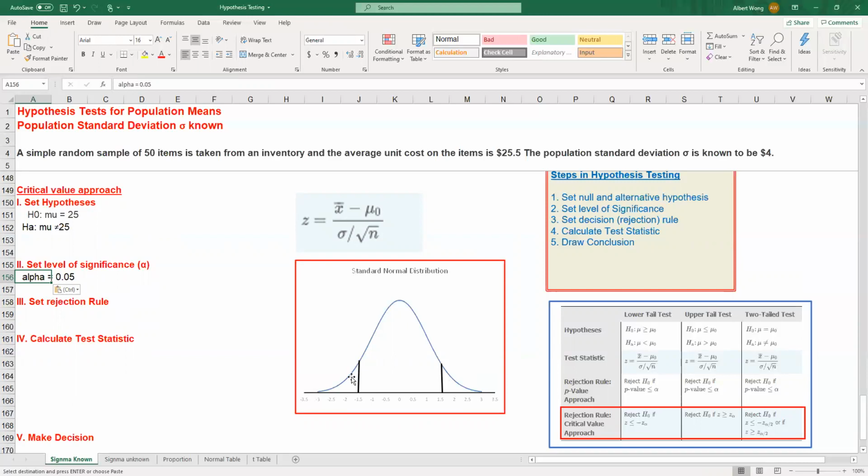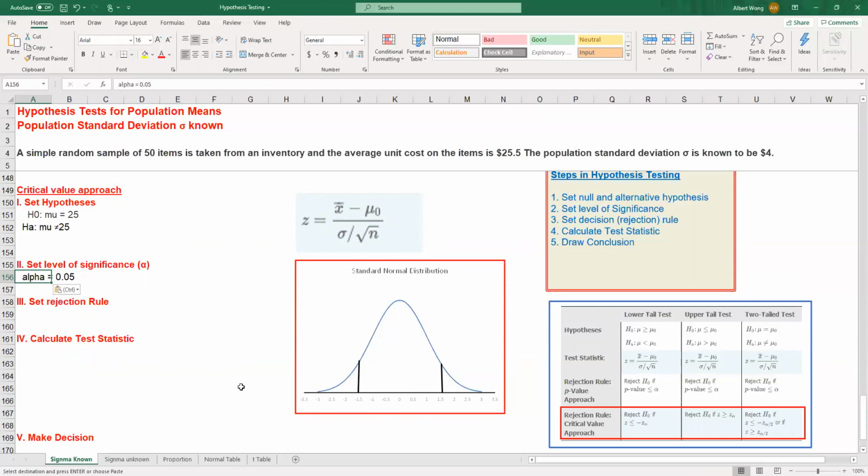So basically we're looking for a point so that the area here is 0.025, and another point where the area is 0.025. But because the normal is symmetric, all we have to do is find this point, which is going to be negative, and the positive side would give you the other point. So now finding the critical value becomes finding the point so that the area here is 0.025.